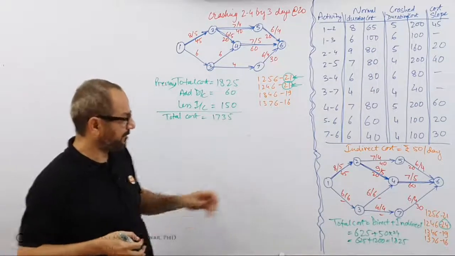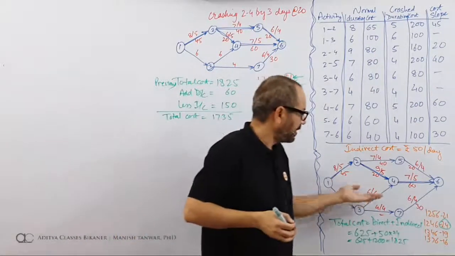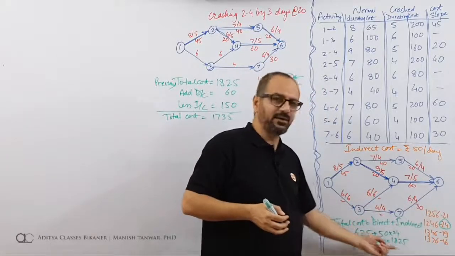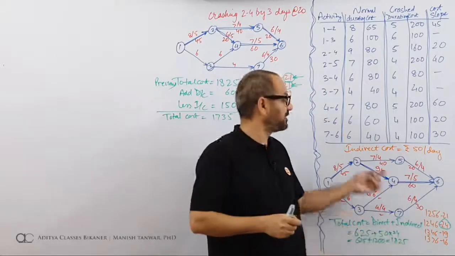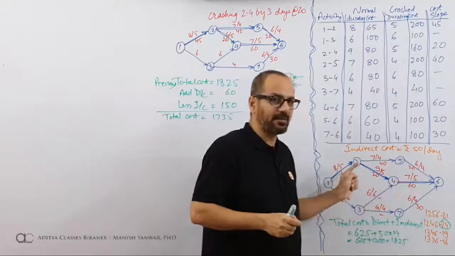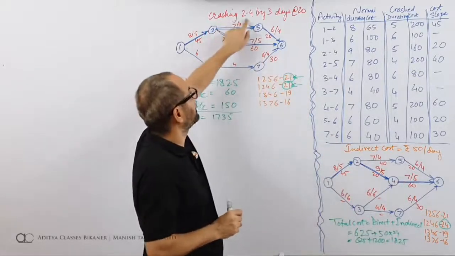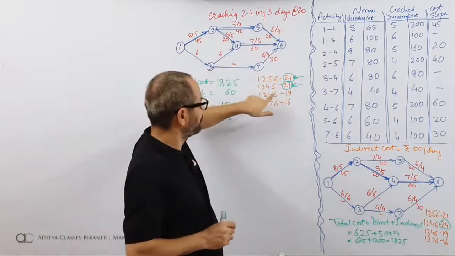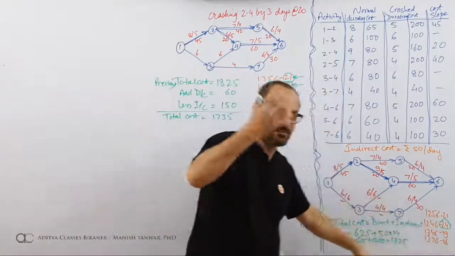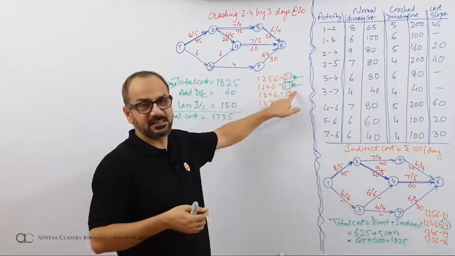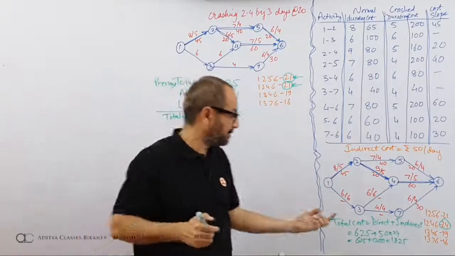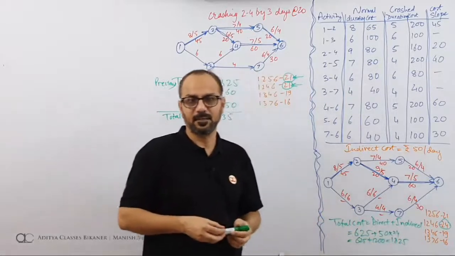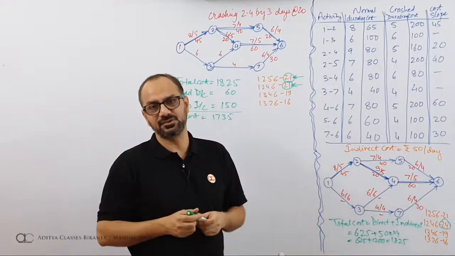Now look at the beauty of this crashing network. Earlier this was the network, this 24 was my critical duration, total cost was 1825. Just considering the critical path, I saw that if I crash 24 by 3 days at rate of 20, this 24 will come down to 21. What this does is, when it comes down to 21, it gives me a huge saving over here. My indirect cost gets reduced.